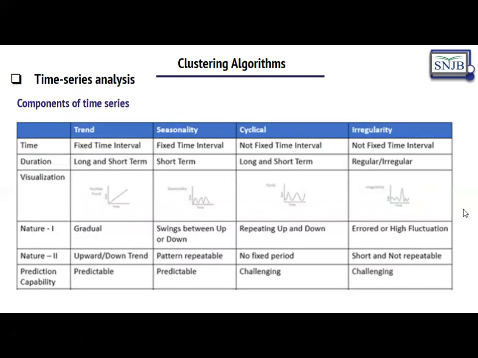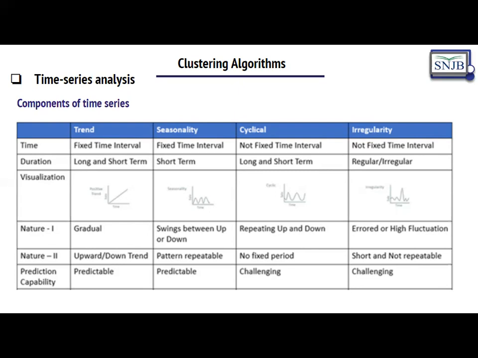Here we can compare the components of time series. Trend is what? For the fixed time interval. Seasonality is again a fixed time interval, but cyclic is not fixed. It is continuous. Again in irregularity, the time is not fixed. Here trend duration will be long, and for a short time also. Short time means what?